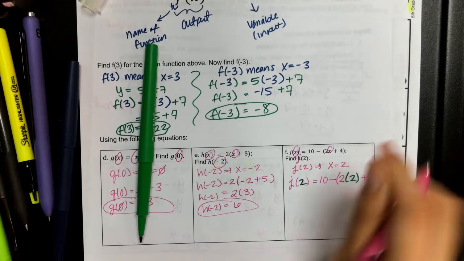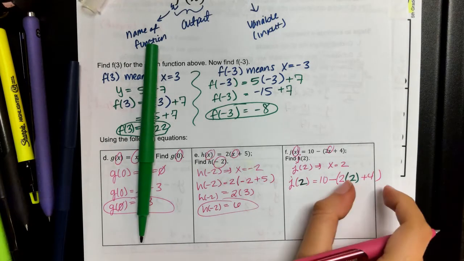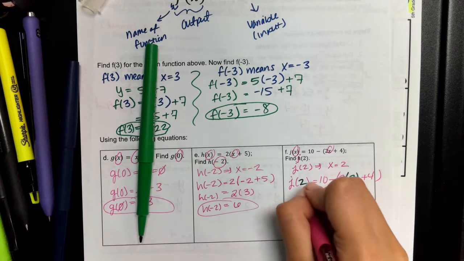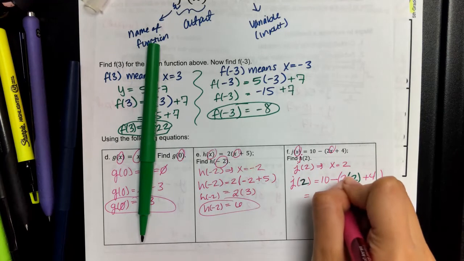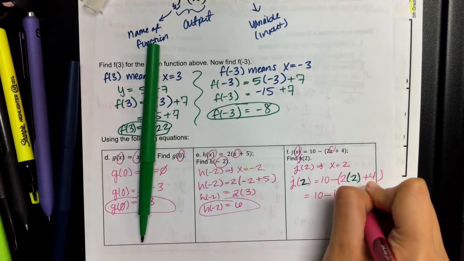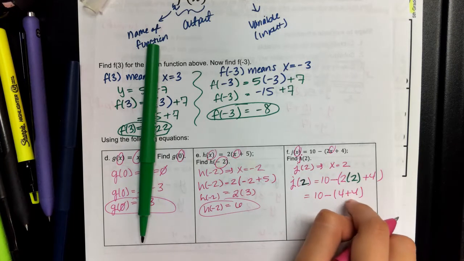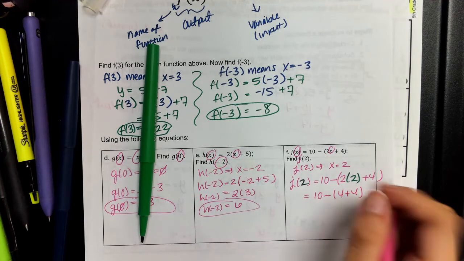And then don't forget the plus 4. Parentheses first, so multiply within the parentheses. 10 minus 2 times 2, which is 4, plus 4. So 2 times 2 is 4, that's where this 4 came from. This 4 stays. Still parentheses, we still have to do it.